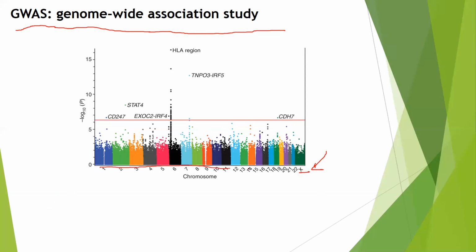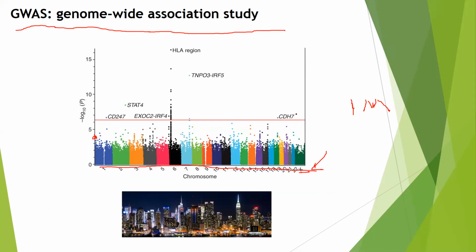This is the entire genome, and there are too many markers, probably more than 1 million markers on the genome. For each marker, we can test its association with the phenotype, for example with a disease, and make this plot. This is called the Manhattan plot. Why? Because it looks like Manhattan. It's beautiful and it's busy.